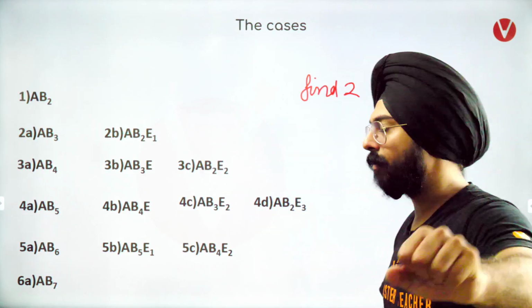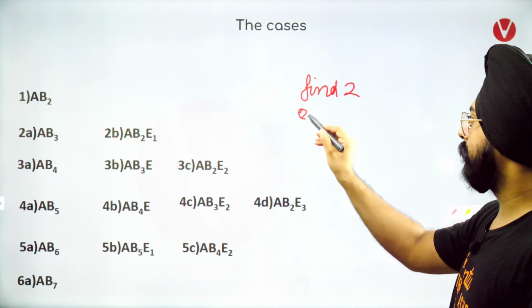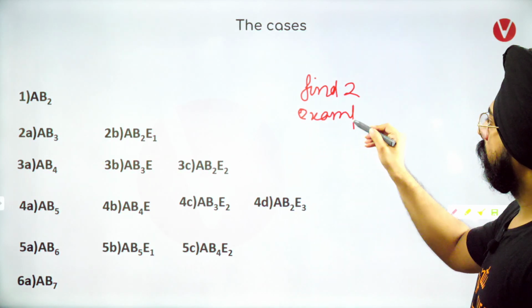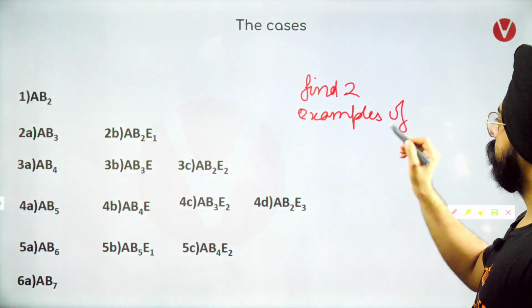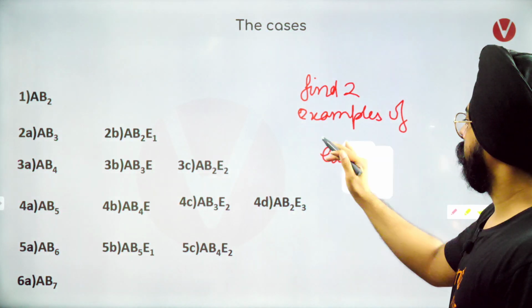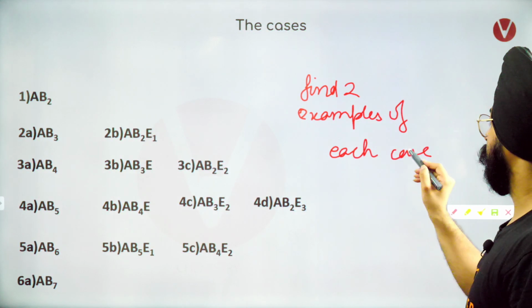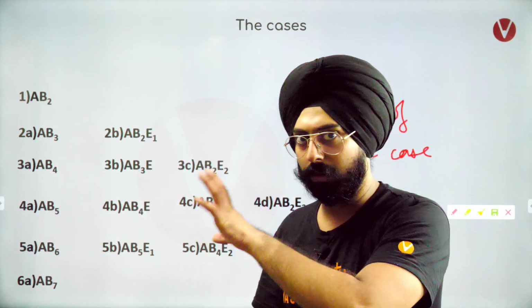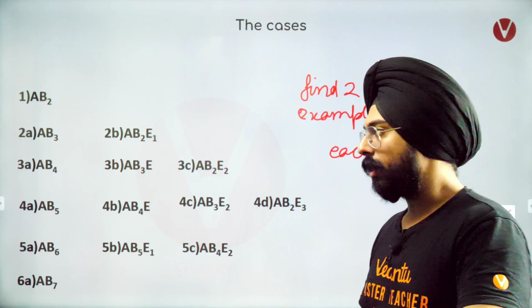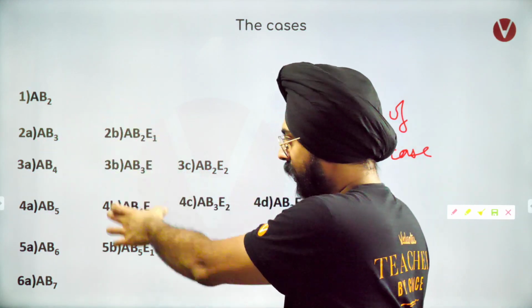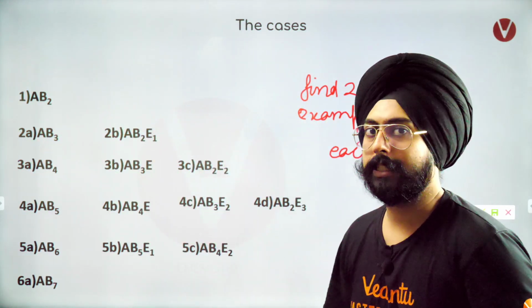This is your own self-study homework. Find 2 examples of each case. You can simply open the NCERT and all of the examples are given. So in the next class, we will discuss the shapes and geometries for all of these cases.